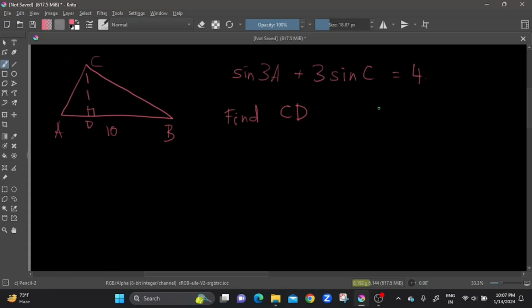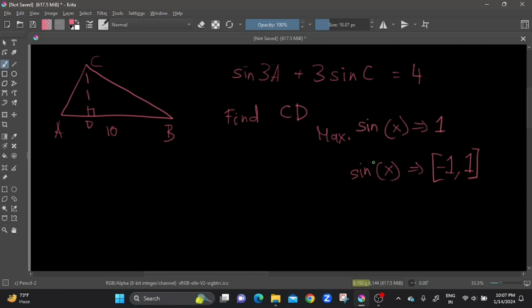And let's set up some rules here, right? The maximum value sine of x can go to, basically the maximum of its range, is 1. Basically sine of x is always going to keep oscillating in the range of -1 to 1, both of them included, for all 360 degrees, right?